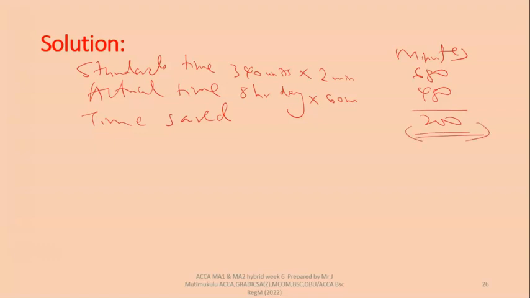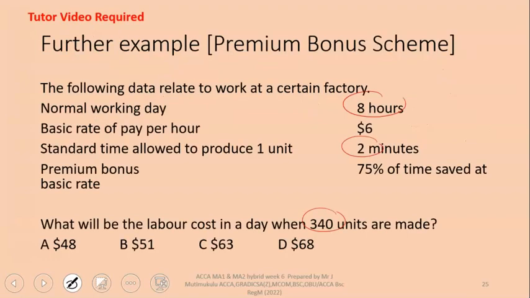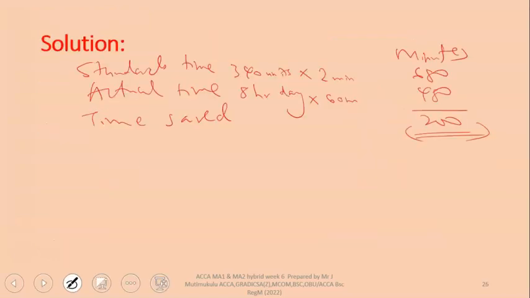Now, with that information, we are told that the bonus premium is going to be 75% of time saved at basic rate.